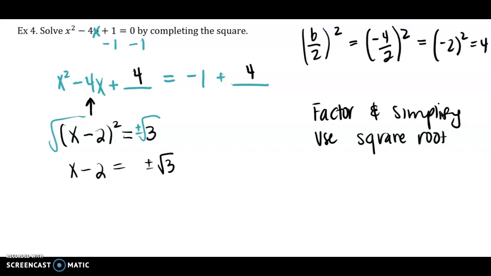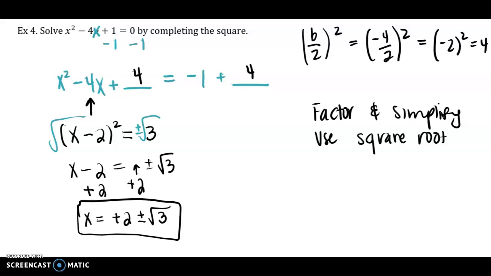Then you're trying to isolate the x, so you add 2. And remember, I like to place it in front of the plus or minus, so x is equal to positive 2 plus or minus square root of 3. And that would be our answer. And don't write it as a decimal. I do want to see it in radical format.